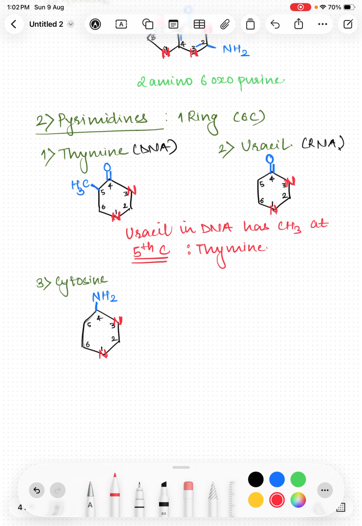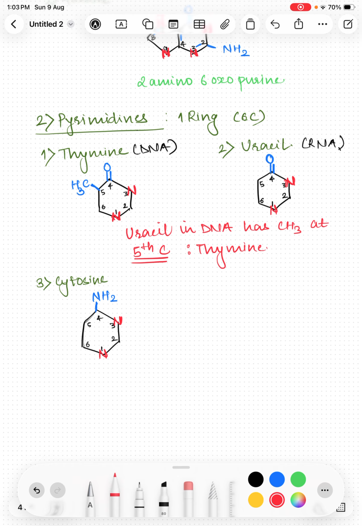So I hope you have got this. What we are saying, pyrimidines consist of a 6 carbon ring, and they are thymine, uracil, cytosine. The 6 carbon ring is numbered anti-clockwise in case of pyrimidines.